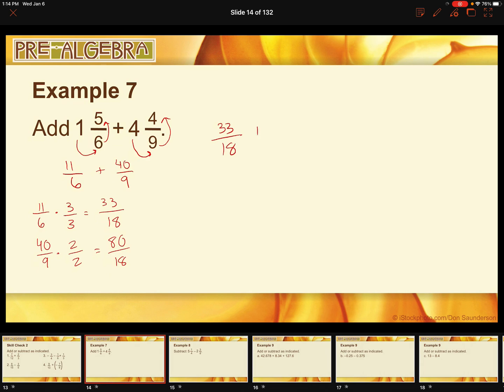I can rewrite my problem. And now that I have common denominators, I can add. 33 plus 80 gives me 113, which I can simplify to 6 and 5/18.